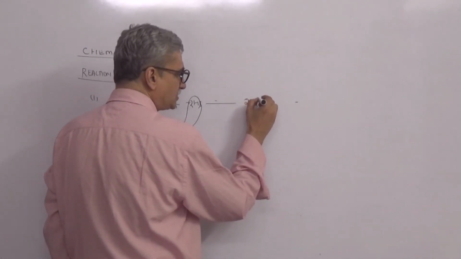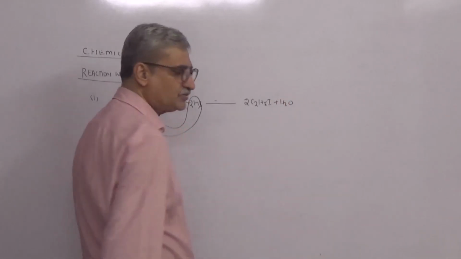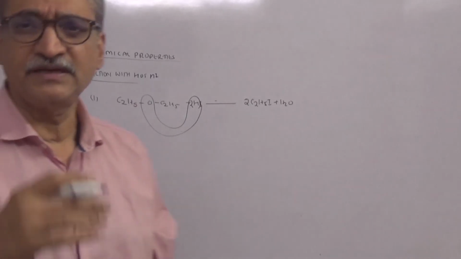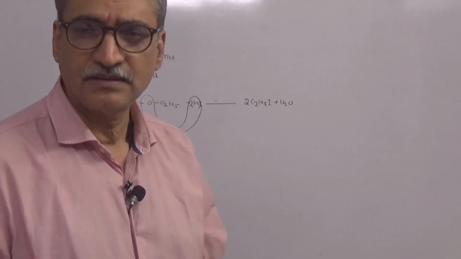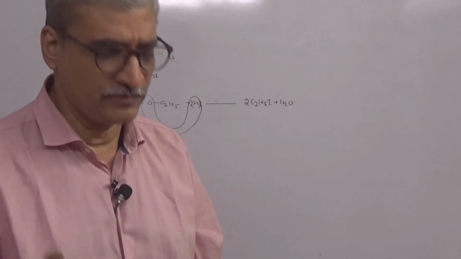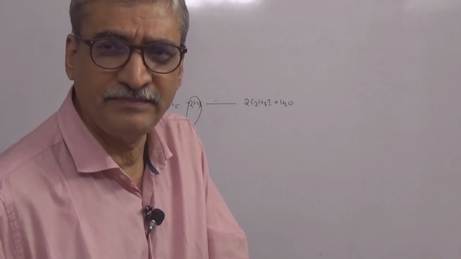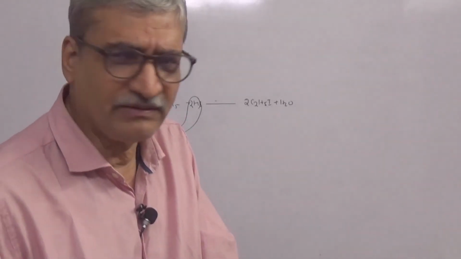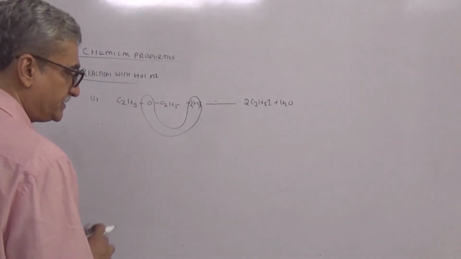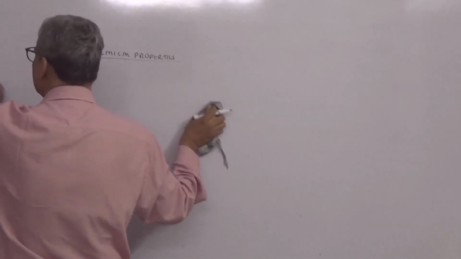You get 2 moles of C2H5I plus H2O. So whether it is branched, whether it is mixed ether or simple ether. When both the alkyl groups are same, simple or symmetrical ether; when both are different, mixed or unsymmetrical ether; whatever be the condition, it will form 2 moles of alkyl iodide. Is this clear?